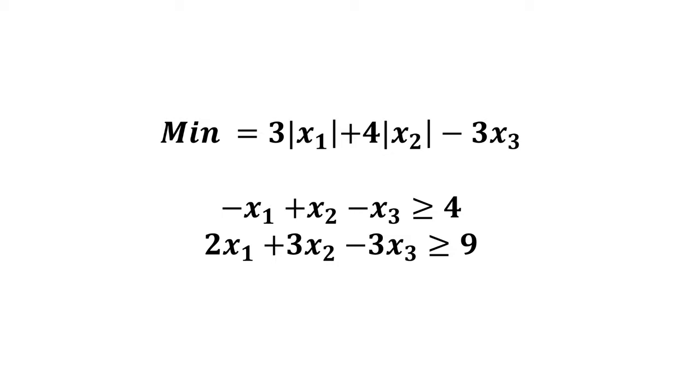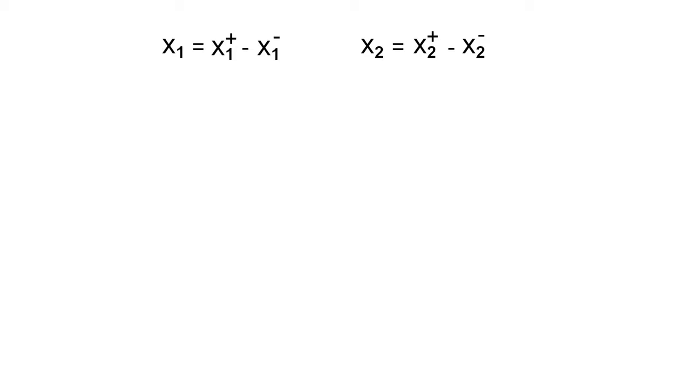Here we see that we have two variables inside the absolute value function: x1 and x2. Again, based on our transformation, we will transform x1 into x1 plus minus x1 minus, and x2 into x2 plus minus x2 minus.